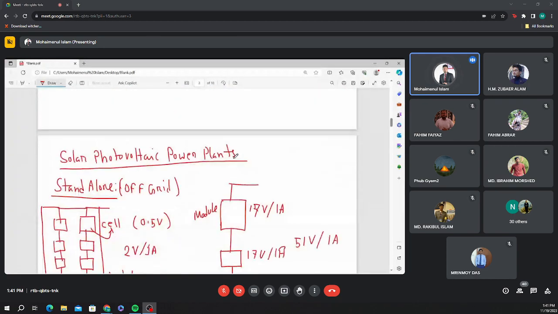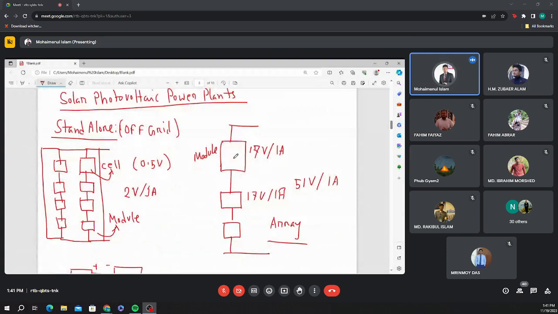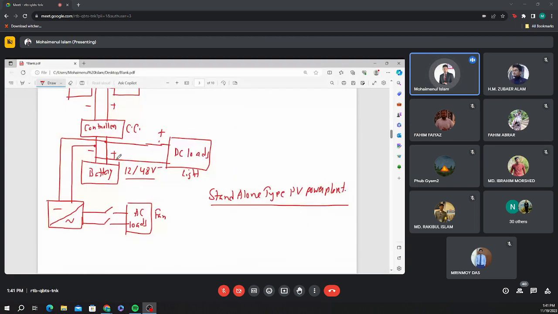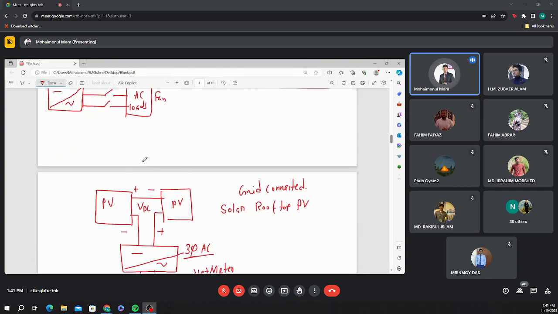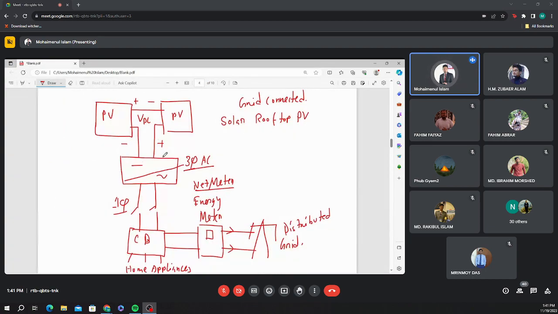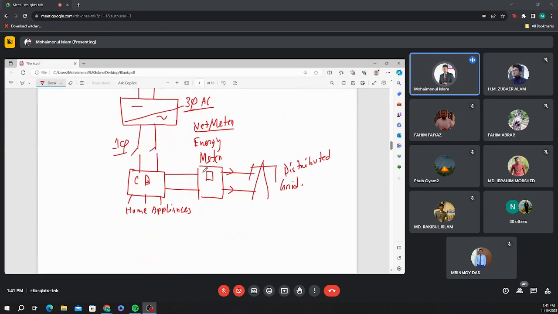And also the solar photovoltaic power plant, if you consider it off grid, that means standalone, so you can draw it like that with the charge controller, battery, and some switches. If you want to use it for an AC load, you need an inverter. And for the grid connected rooftop PV, you can use a similar approach, but no charge controller there, just the inverter, circuit breaker, and energy meter.